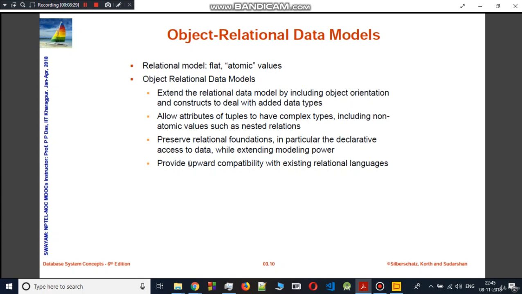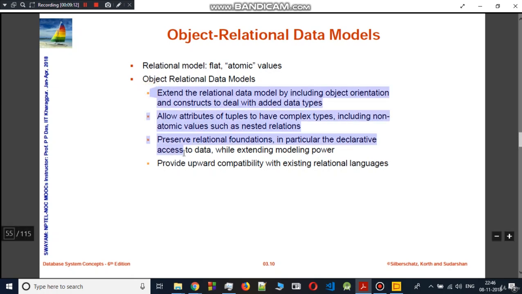It allows attributes of tuples to have complex types, including non-atomic values such as nested relations. Like a name has a first name, middle name and last name, so we have to keep them in three different columns or fields, not in one field. It's a complex attribute. It preserves the relational foundation, in particular the declarative access to data, while extending modeling power. It provides upward compatibility with existing relational languages. I think you understand this is easygoing English.